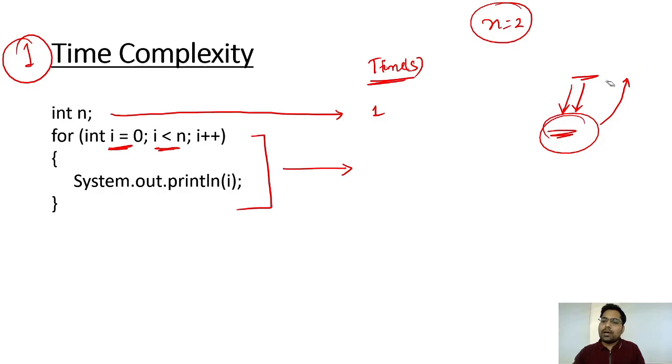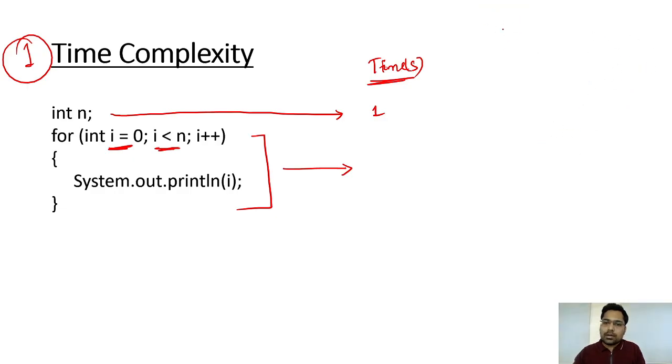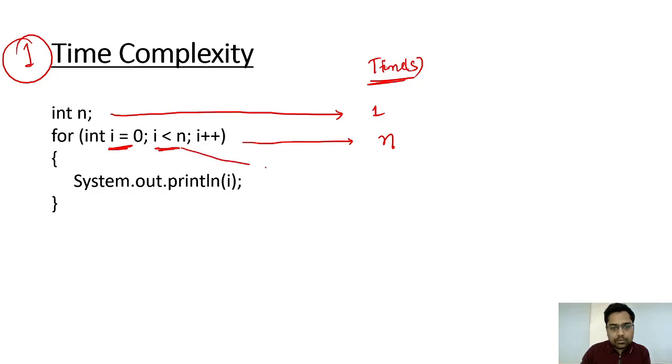Now as per this condition, what we are actually finding is that it is running for n times, from 0 to n, but it will also have to check the false condition. Why do we have to check it?